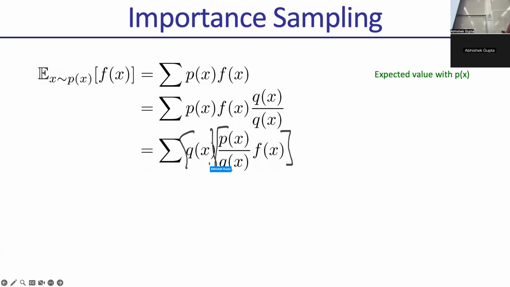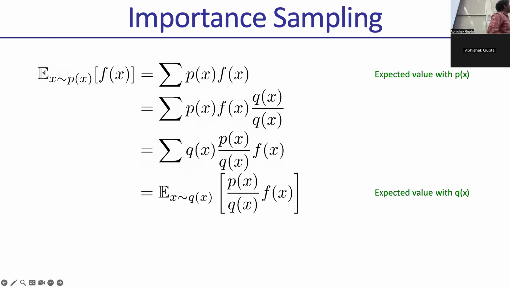In this case, this is the probability, and this is the thing you're summing up. So you can rewrite this last term as an expectation under Q of P over Q times f.